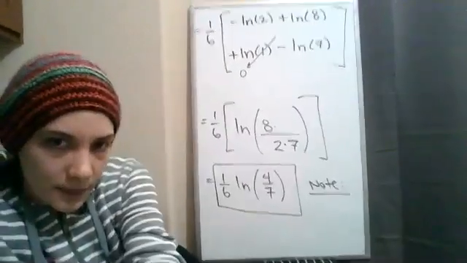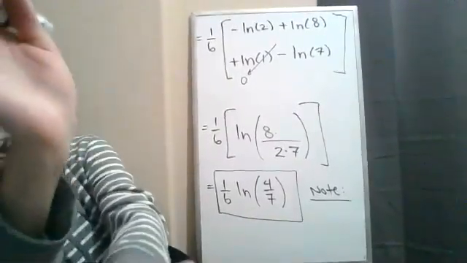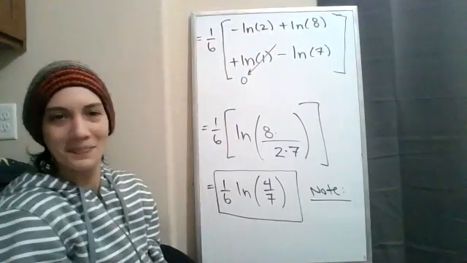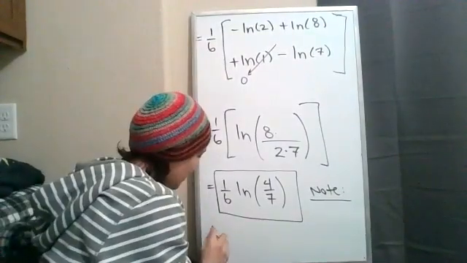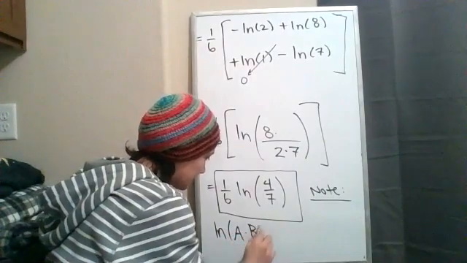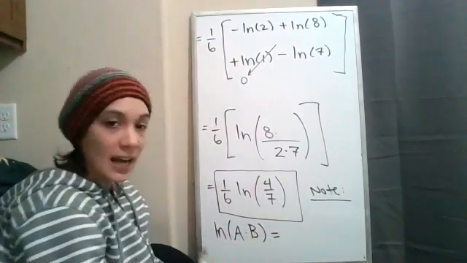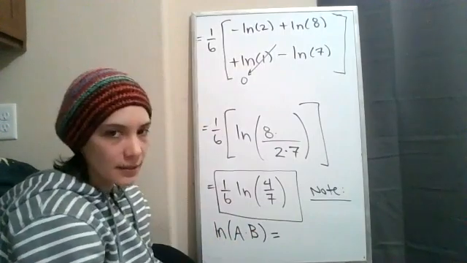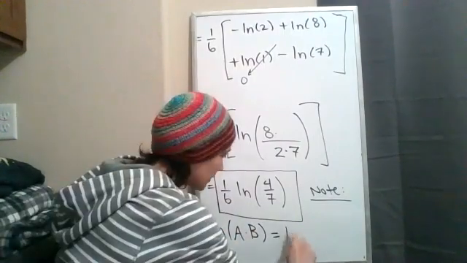Let's try this. Oh no. Okay. If you have ln of a times b, you can write it as ln of a plus ln of b.